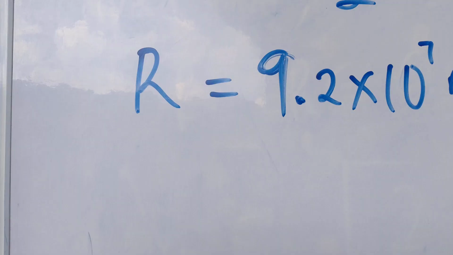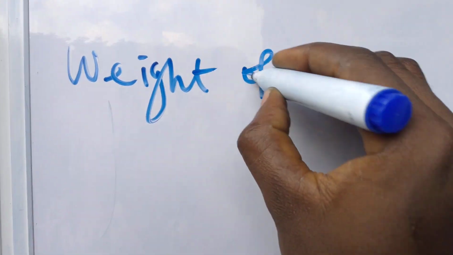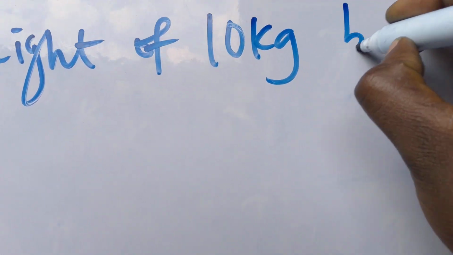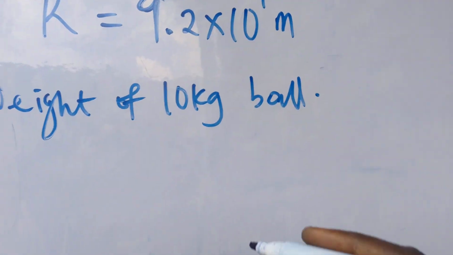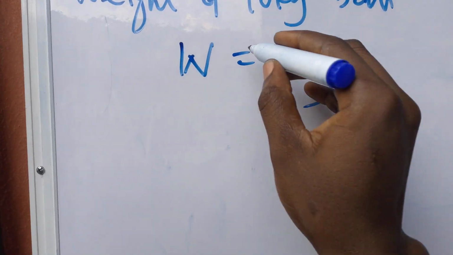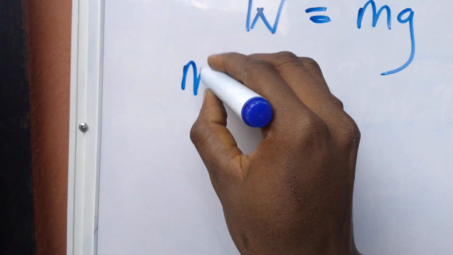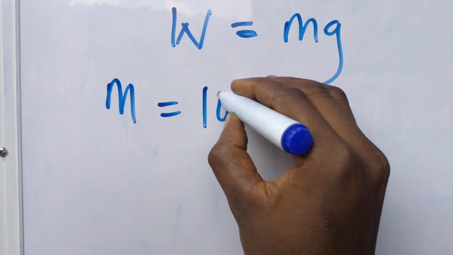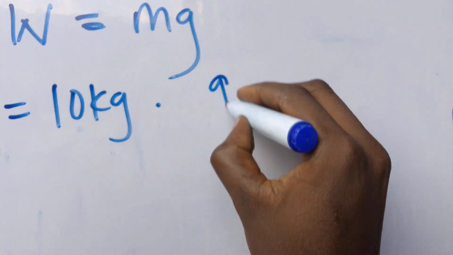Let's find the weight of the 10 kg ball on planet A. So we say that weight is equal to mg, isn't it? The mass of the ball, m, is 10 kilogram. What we don't have is g, so we are looking for g now.